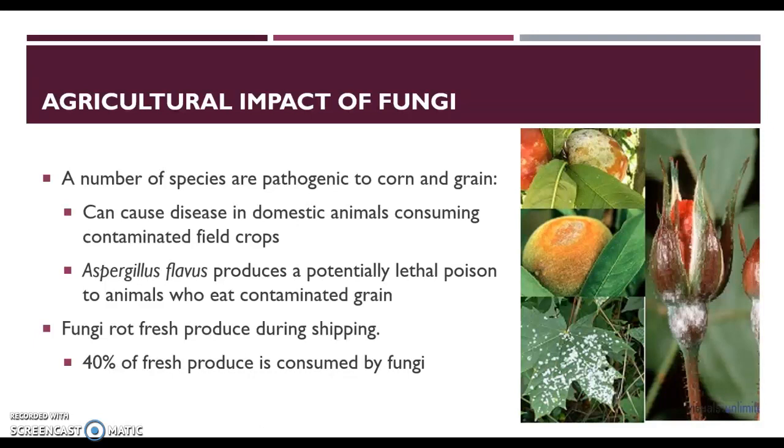And grain and corn is an additional problem because our domestic animals typically consume corn and grain, and many fungi that live on and consume these plants can be very harmful to our domestic animals. Aspergillus flavus is particularly lethal and can kill domestic animals that consume contaminated grain.